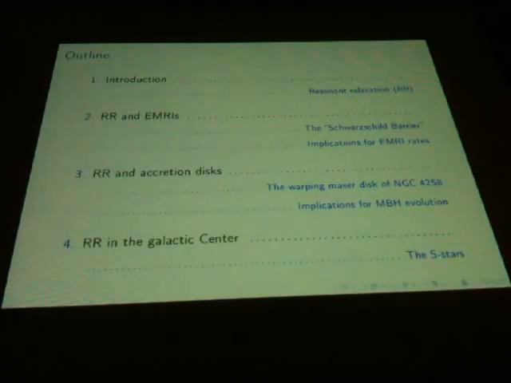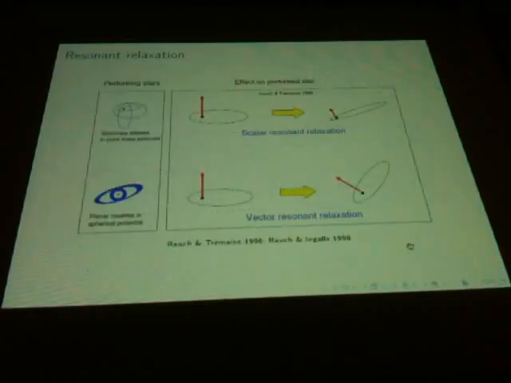I will then discuss another implication of this relaxation with regards to accretion disks, and what I think are the general implications for the evolution of massive black holes over cosmic times. And then, time permitting, I will also remind you of some recent results about the resonant relaxation in our own galactic center.